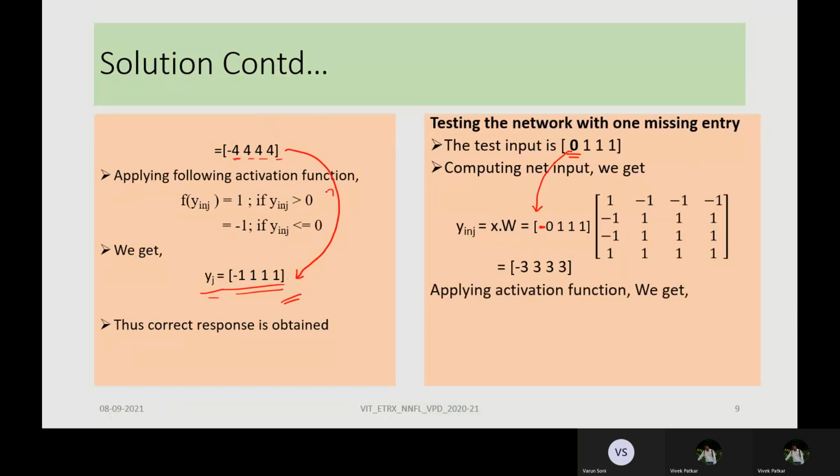So applying the activation function, we get, ये less than 0 है तो minus 1, so 1, so 1. So we see that एक मिसिंग एंट्री रहेगा, फिर भी नेटवर्क was able to successfully reconstruct the pattern.